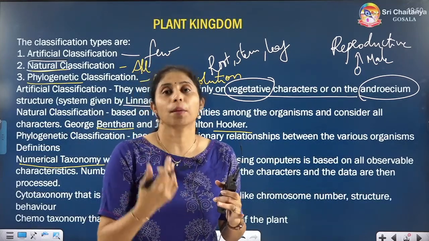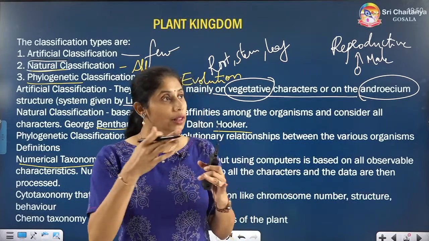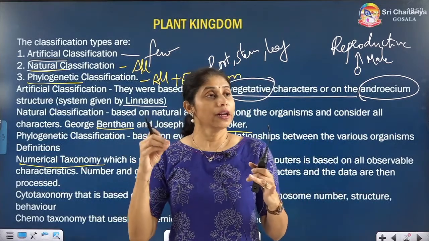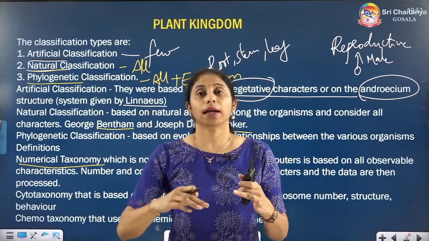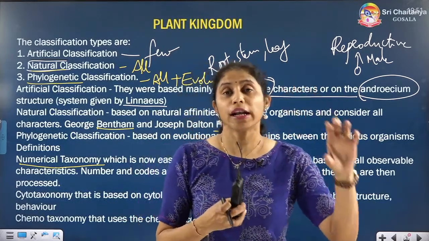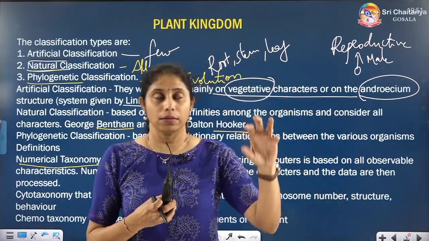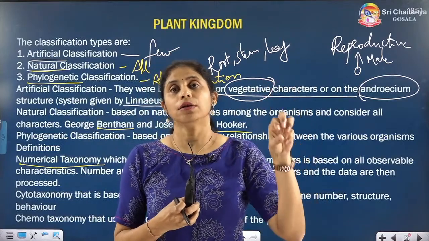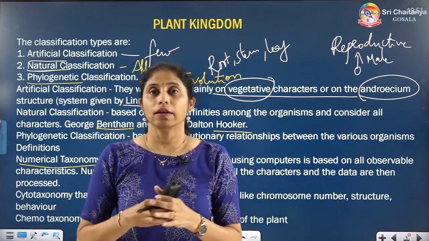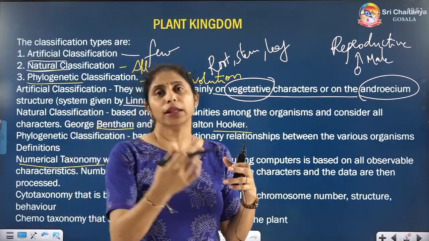We will be using computer systems to count all the characters, assign the numbers, assign the codes, and then we will feed the data to the computers, and the data will be analyzed. Based on the data, if similar characters are there in the plants, those similarities will be placed together under one kind of category. If dissimilarities are there, they will be separated. That will be done by the computers.